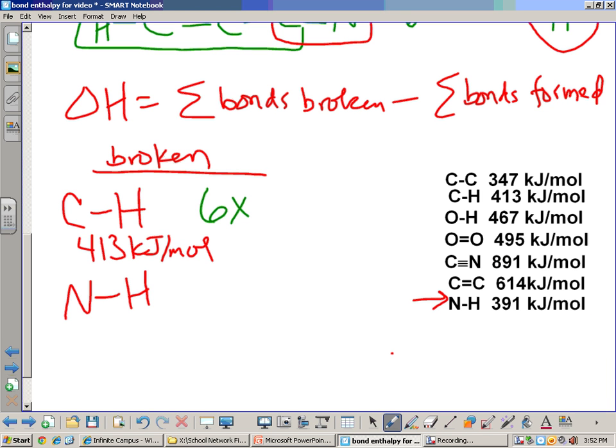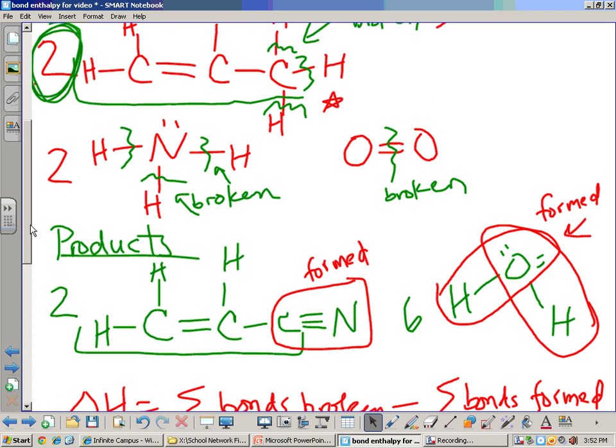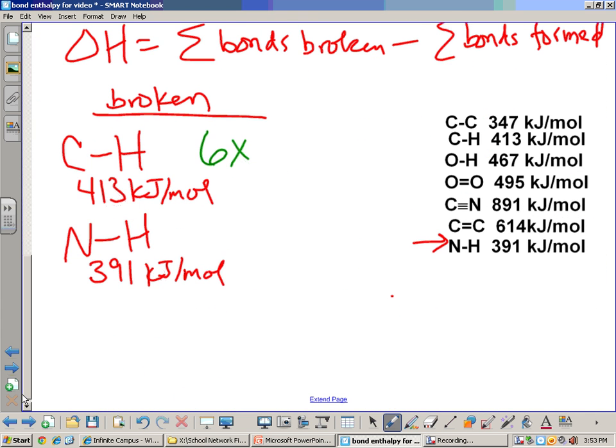That's the N to H single bond. That's 391 kilojoules per mole. How many times are we breaking that bond? We'll go back up and have a look. Here's the N to H single bond right here. We are breaking it 3 times in the molecule, but there are 2 ammonias, which means that we are breaking a total of 6 N to H single bonds.